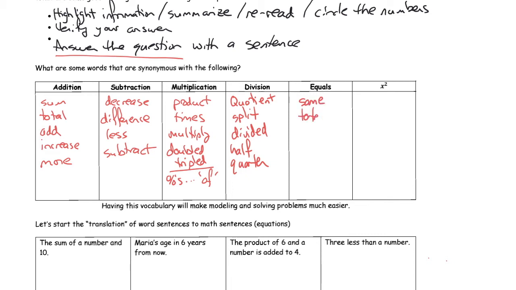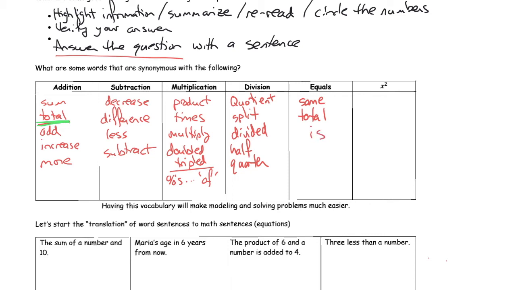Although we use the word total over here for sum, sometimes you'll see the word total in a word problem, like "for a total of," and they'll give you a number, and that typically means equal to that value.